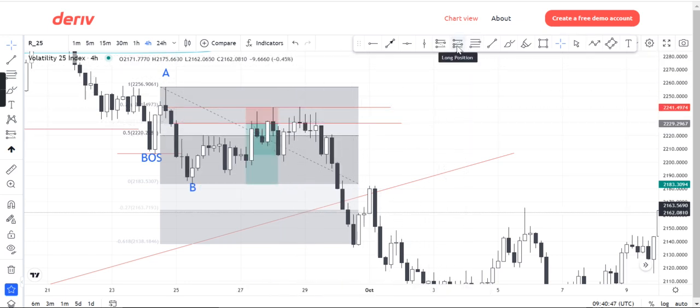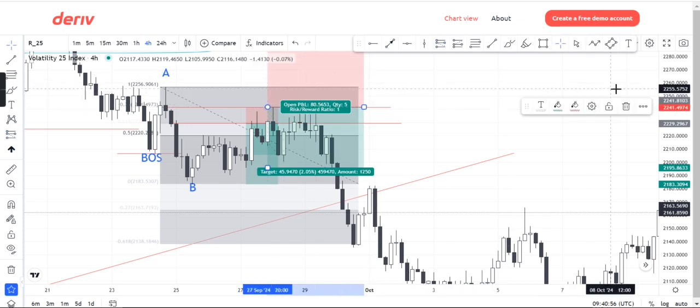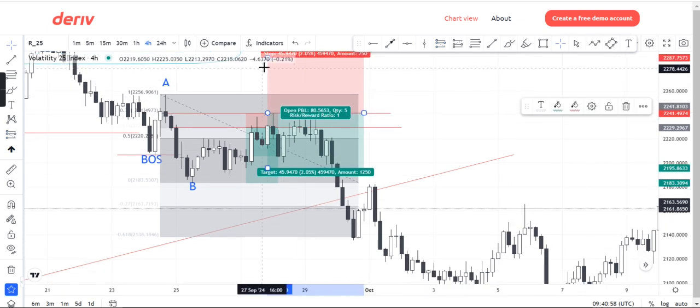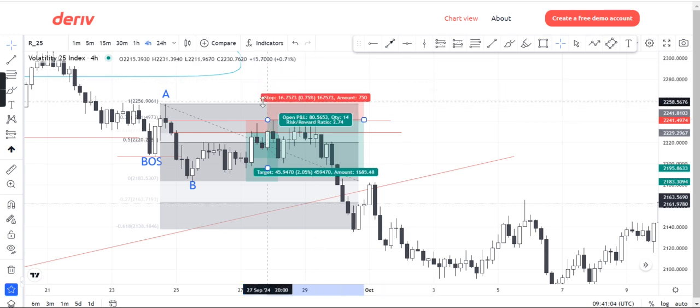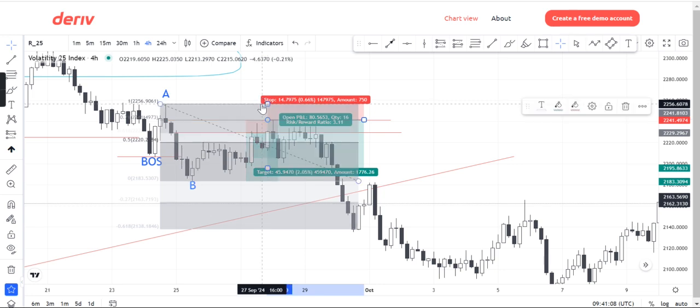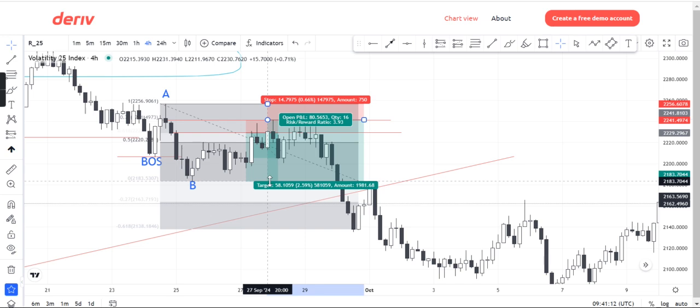Then the second entry got triggered from this point. Actually, it was just like a peep, a very slight tap. So that trade would have been gotten with a sell limit.